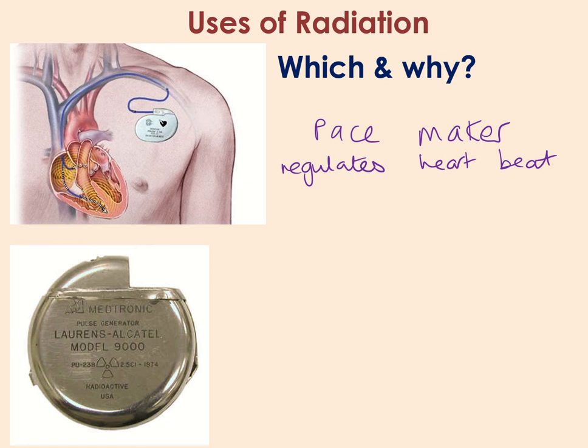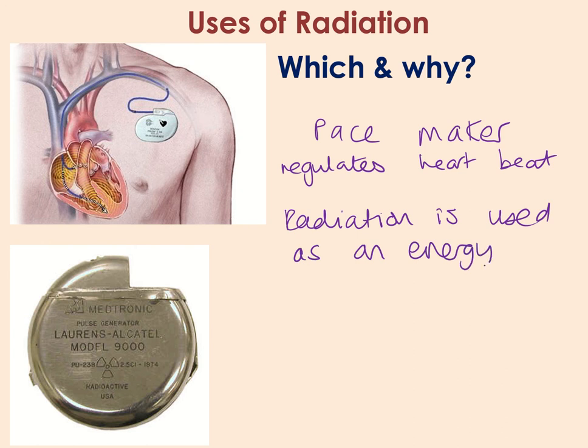So in this case, the radiation is used as a source of energy. Okay, so the radiation is used as an energy source, because if you've got your unstable nucleus and then the radiation leaves, it's got kinetic energy, and if that kinetic energy is turned into electrical energy, it can be used to power the pacemaker.